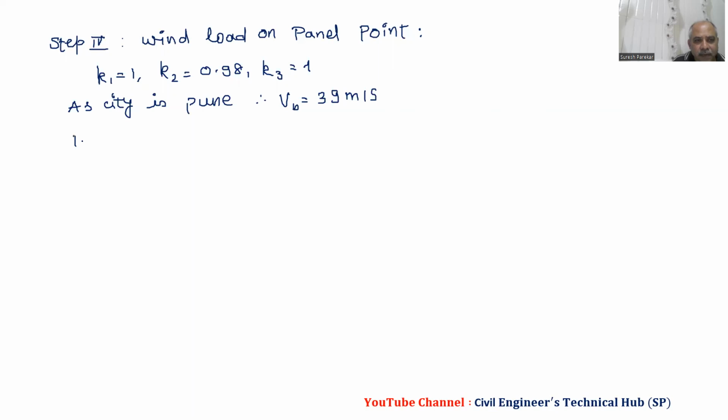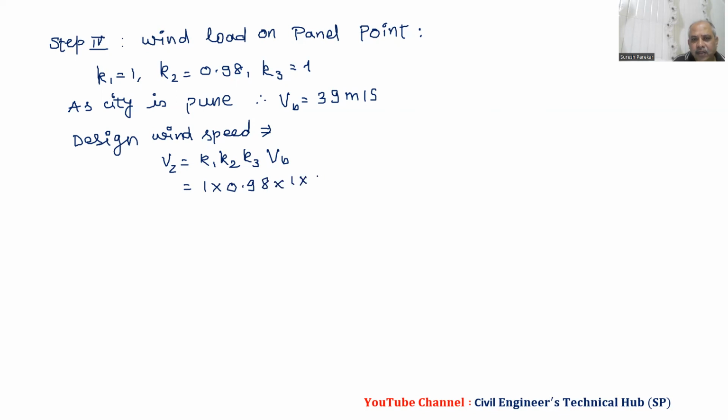Now design wind speed, you have to go to IS 875 part 3. So design wind speed Vz is equal to K1, K2, K3 into VB, equal to 1 into 0.98 into 1 into 39, and this comes 38.22 meters per second.